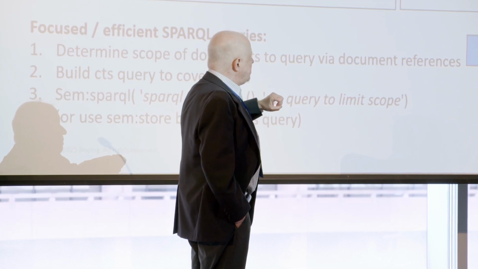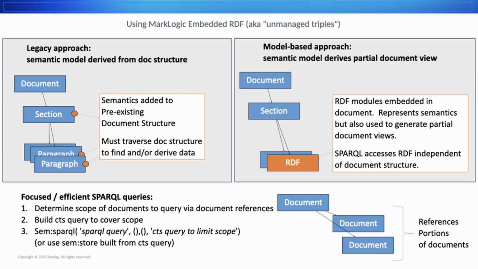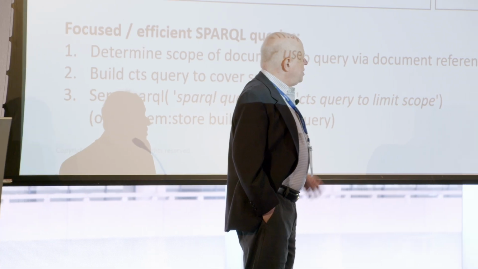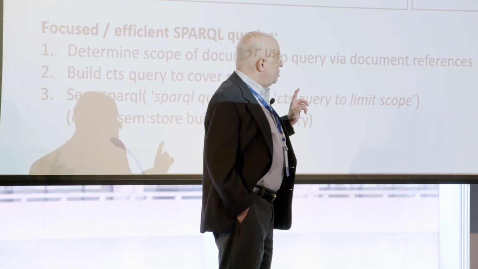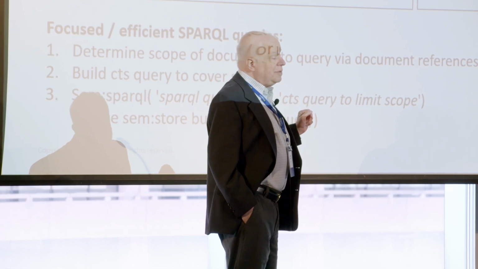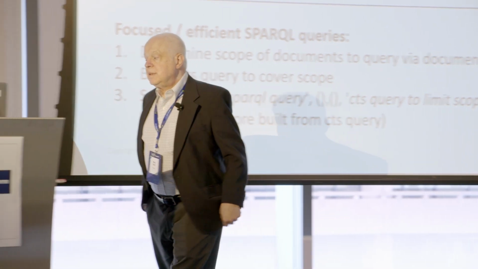So when we run a SPARQL query, we will just focus the query on those sets of documents that have the embedded triples. When we can focus the query like that, certainly there's a performance advantage, but there are others as well.